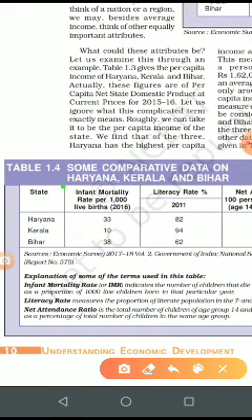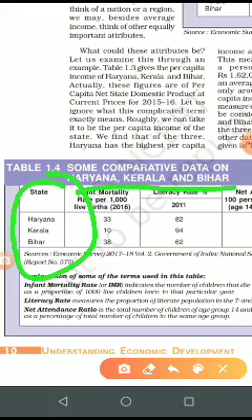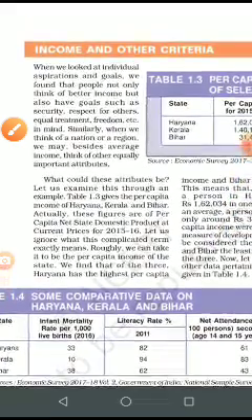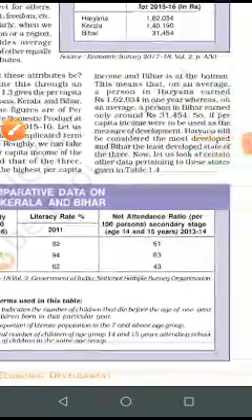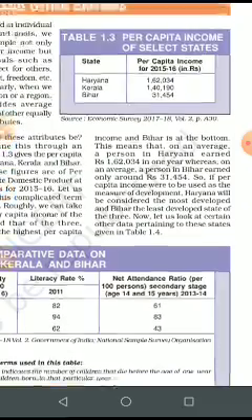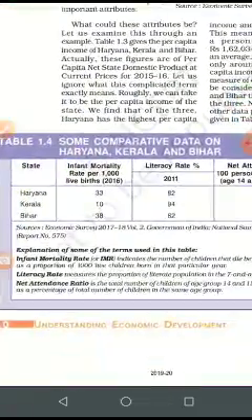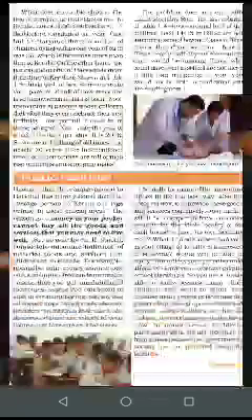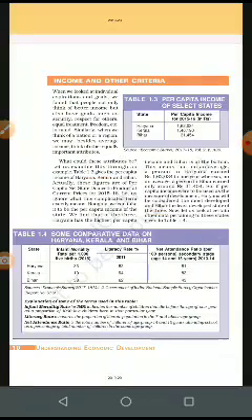Let me make one thing important, children: we have taken the example of Haryana, Kerala and Bihar, three states we have chosen, and we have compared the average income of these three states. On what basis are we calculating the income level of these states? That we will discuss in detail. So please go through it properly, and then we will discuss it further.